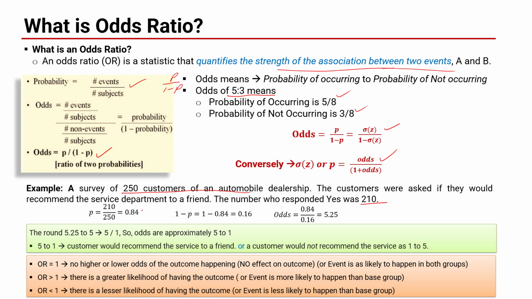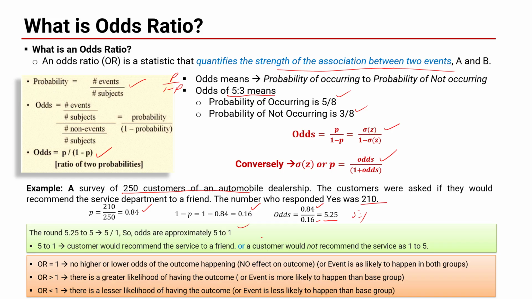So the probability of recommendation is 0.84, whereas the probability of non-recommendation is going to be 0.16. So what is the odds ratio? That is the probability of recommendation divided by the probability of not recommending the services of the automobile dealership, which is 5.25, which we can write down as 5:1.